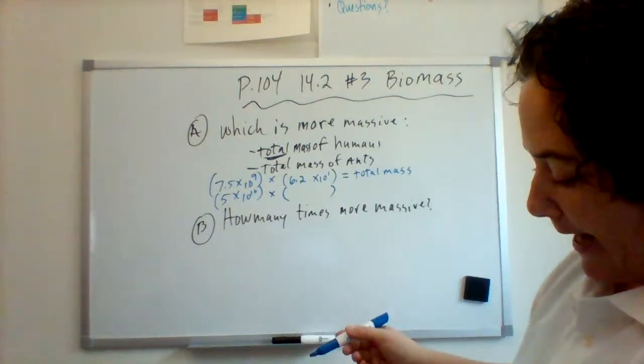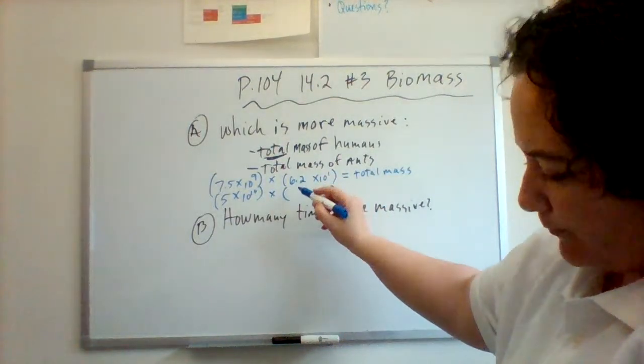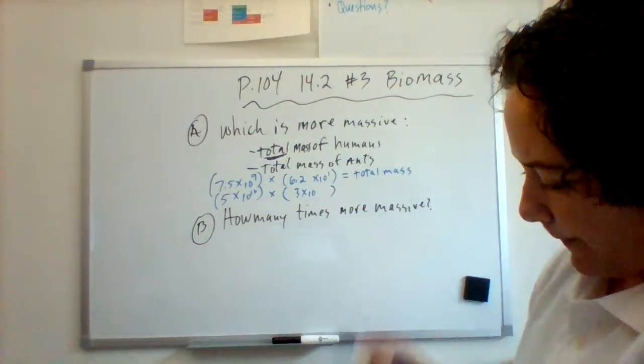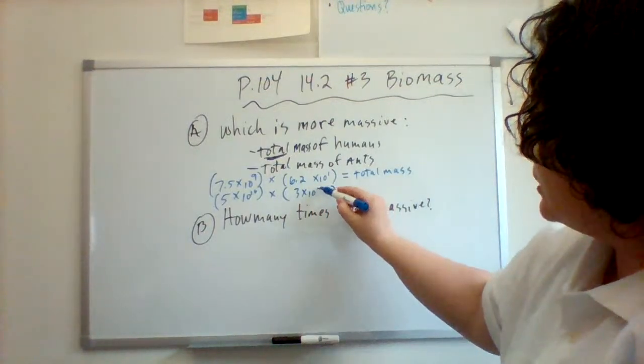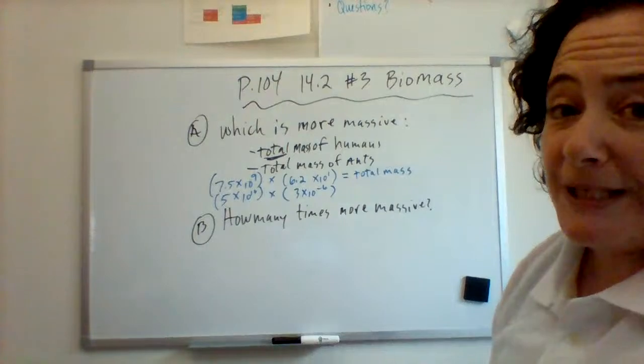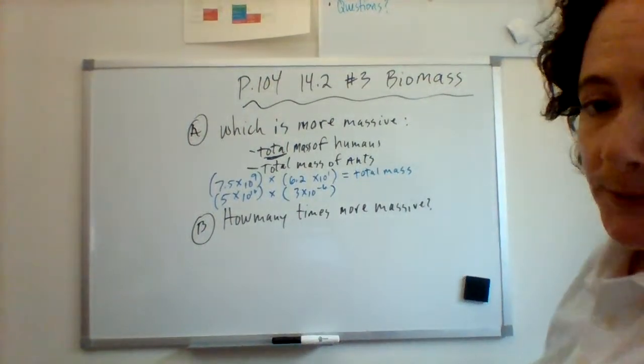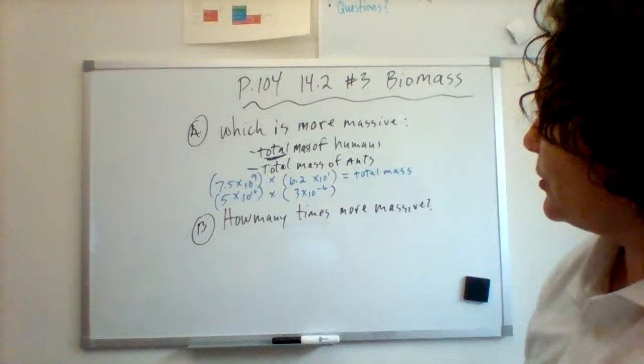Okay, each ant is supposed to be 3 times 10 to the negative 6 power. That's extremely tiny. That's a very small number, but that's a very large number.